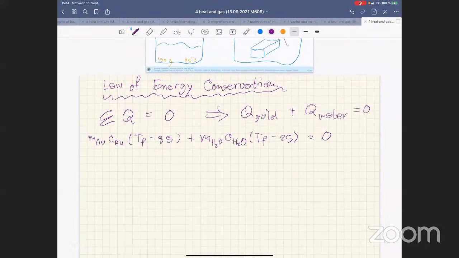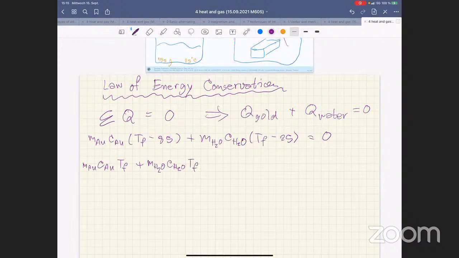And it's going to be M AU C AU TF, plus M H2O C H2O TF, right?